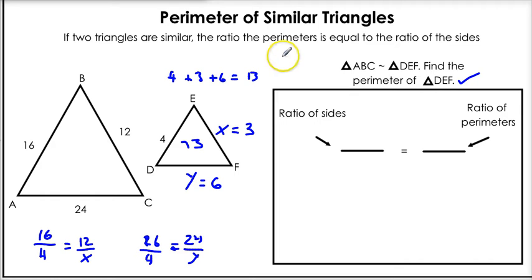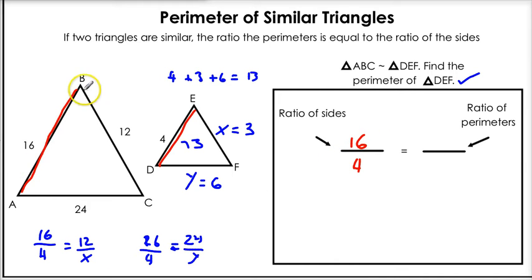A little bit of a time saver, and an easier way to do this, is you could actually set up the ratio of your sides and set that equal to the ratio of the perimeters. And what I mean is this. The ratio of the sides is 16 is to 4. So our bigger triangle has a side length of 16, and our smaller side is 4. Now this ratio is going to be equal to the ratio of the perimeters.